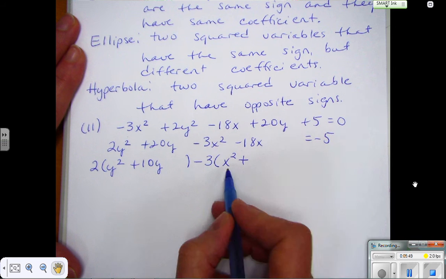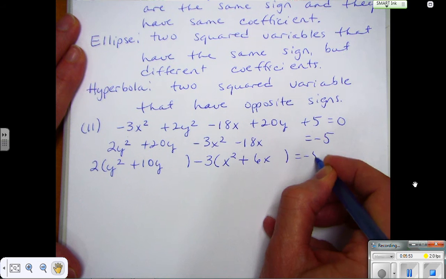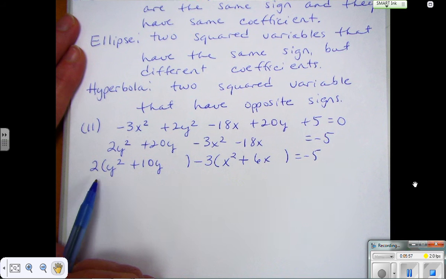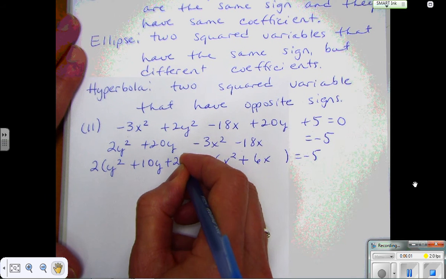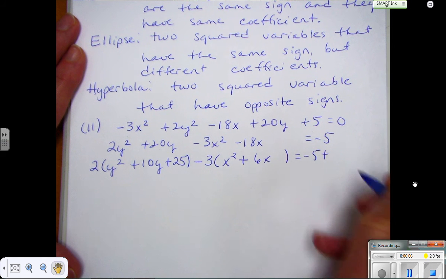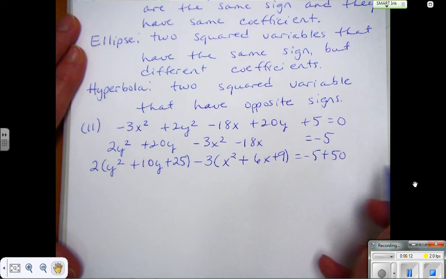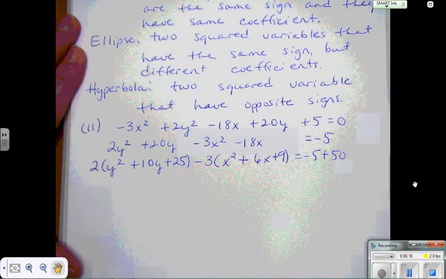And I'll have x squared plus 6x equals negative 5. Okay, so for my y's, when I complete the square, I'm going to add 25 in the parentheses. What am I going to add to the opposite side? 50. For my x's, I'm going to add 9. What am I going to add on the opposite side? Negative 27.